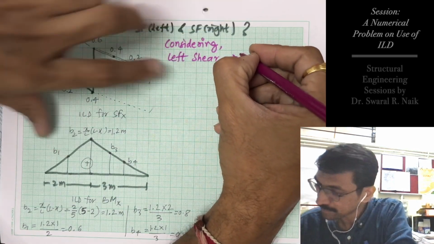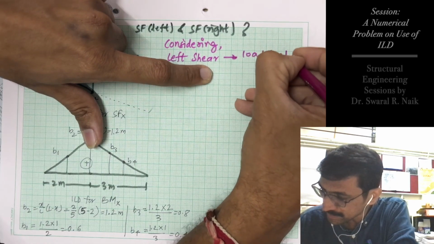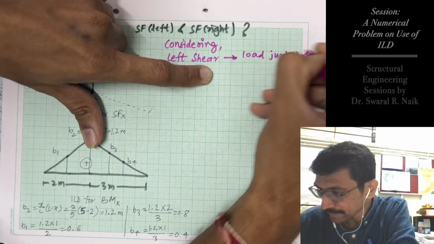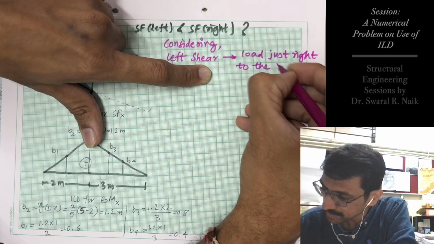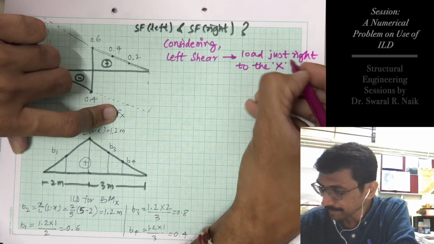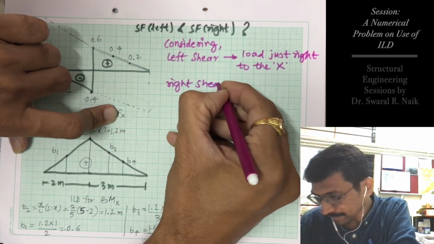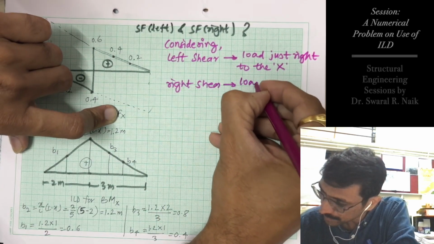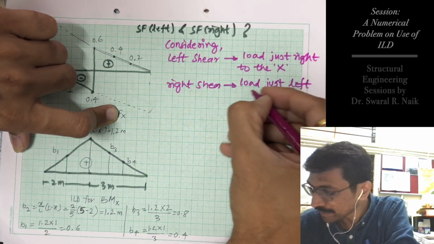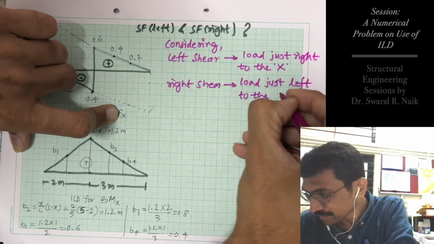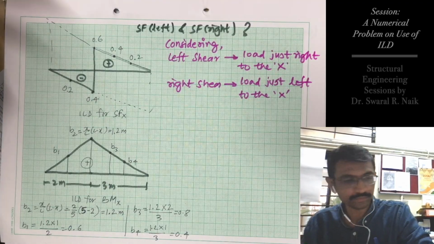So considering left shear, consider load just right to the section X. When considering right shear, consider load just to the left, just left to the X, right? Let me explain it.